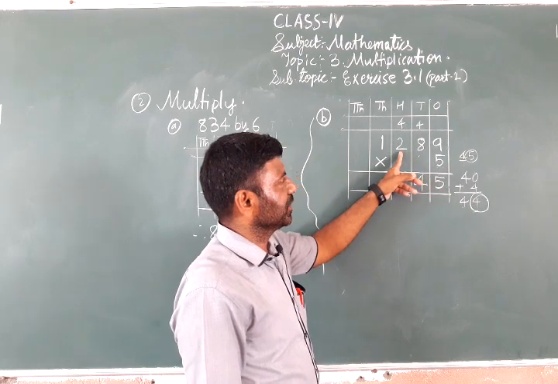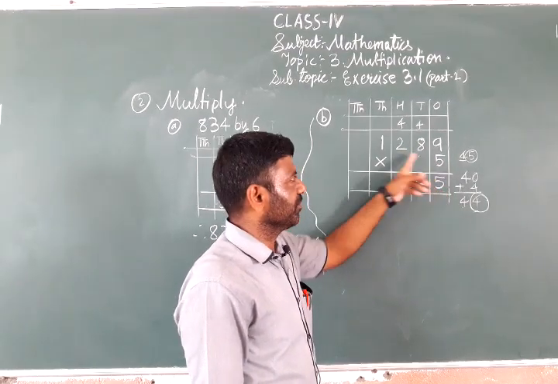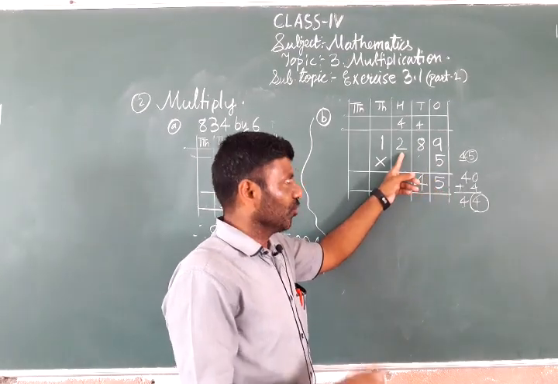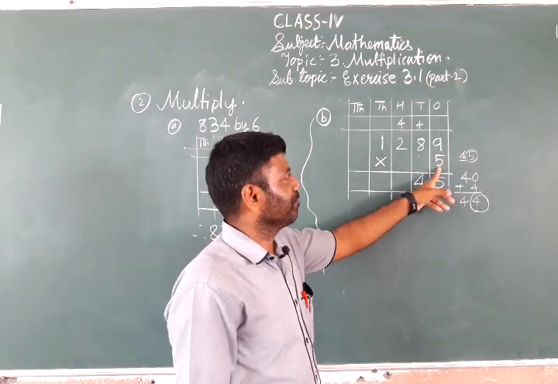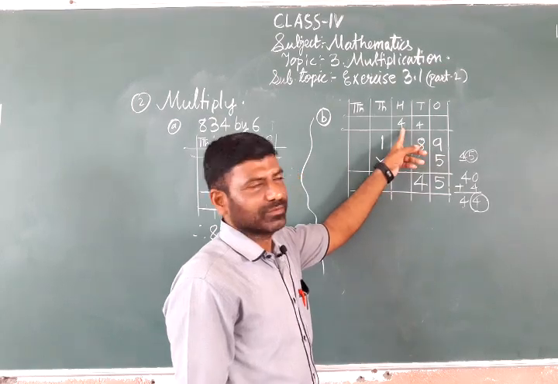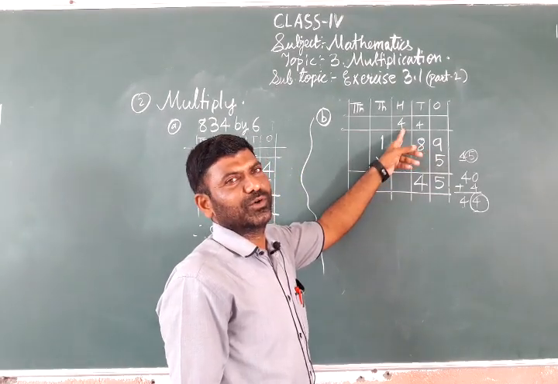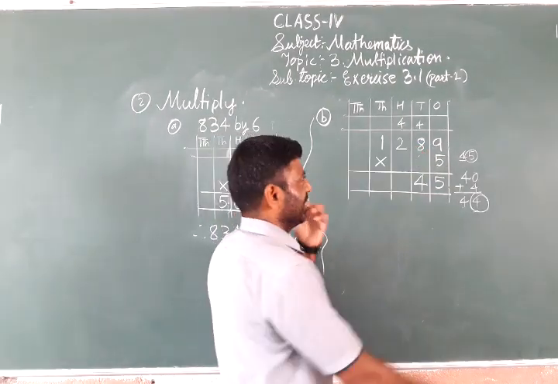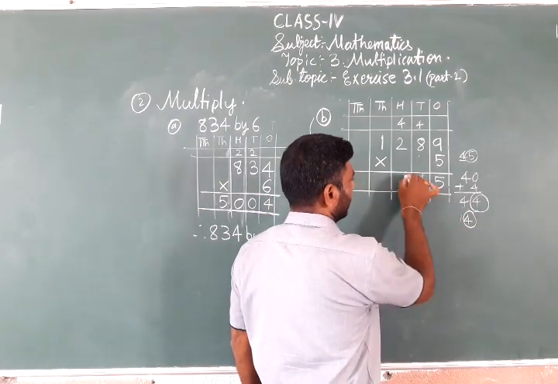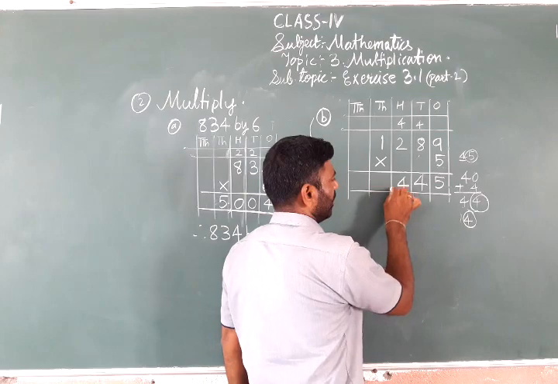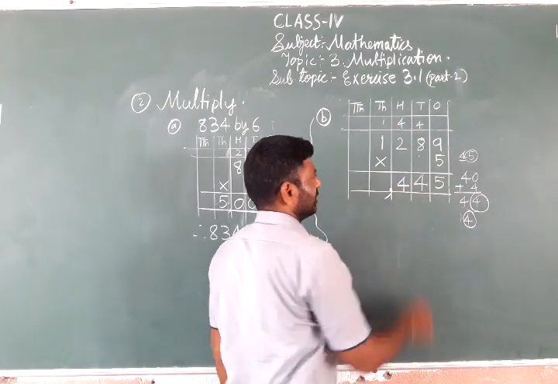Hundreds place, 2 is here. So 5 2s or 2 5s are the same answer, 10. 10 plus 4, carry 4. 10 plus 4, 14. 4 here, put comma. Carry 1.